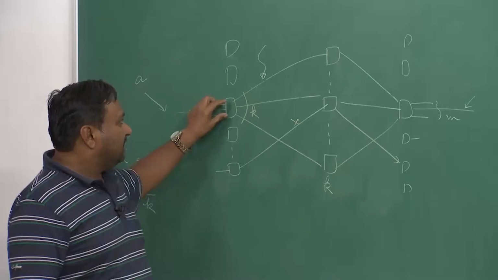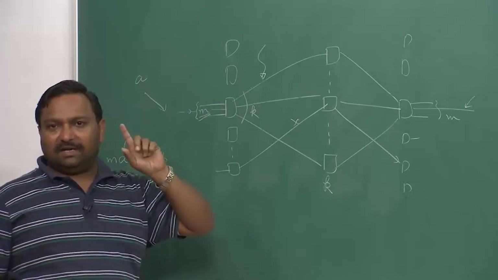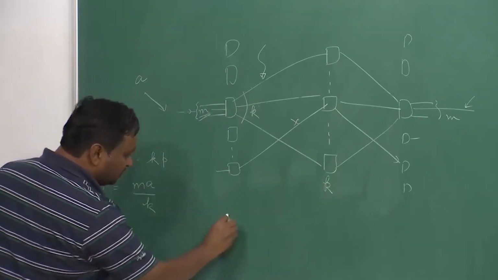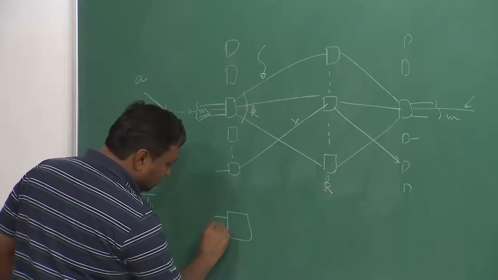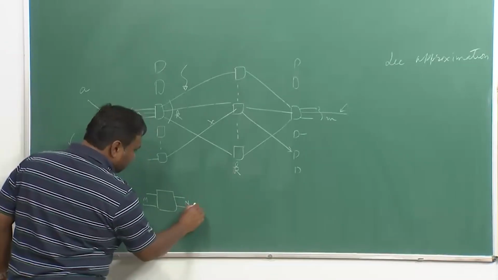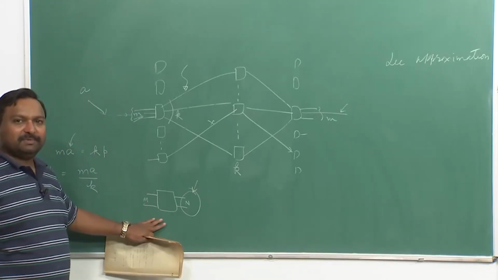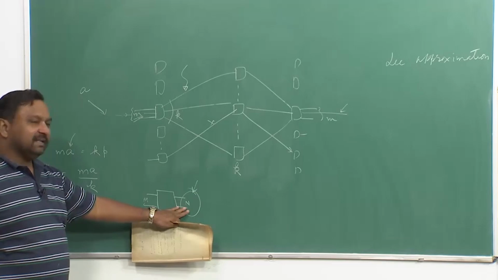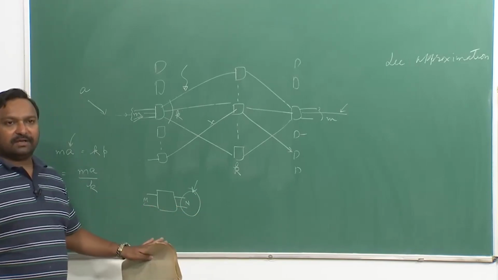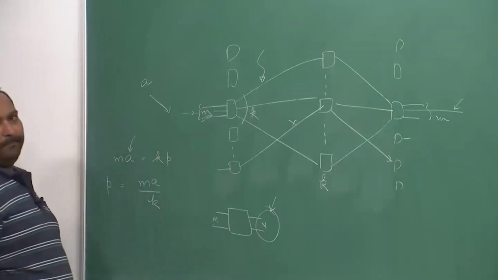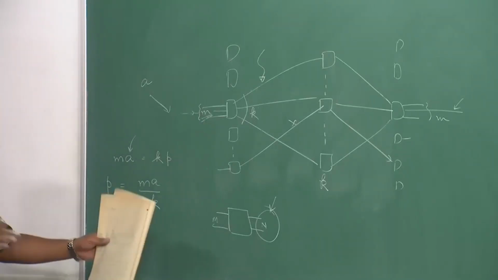Remember the m by n composite switch: when n is smaller than m, blocking happens here. If n is greater than or equal to m, there is no blocking. The condition here is k is greater than or equal to m, and this can even be larger.